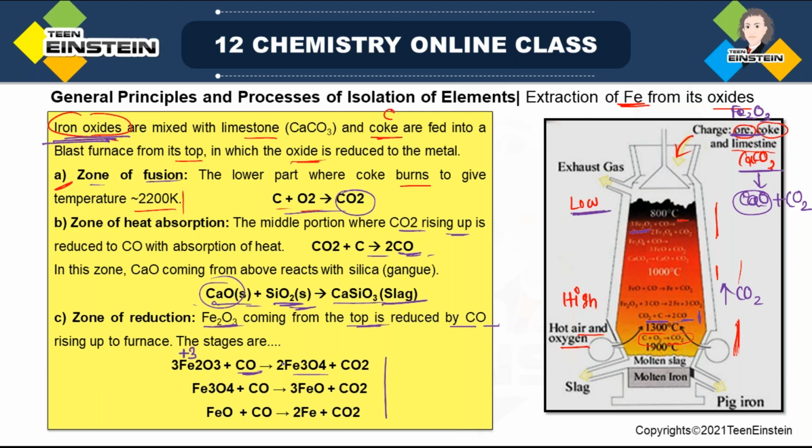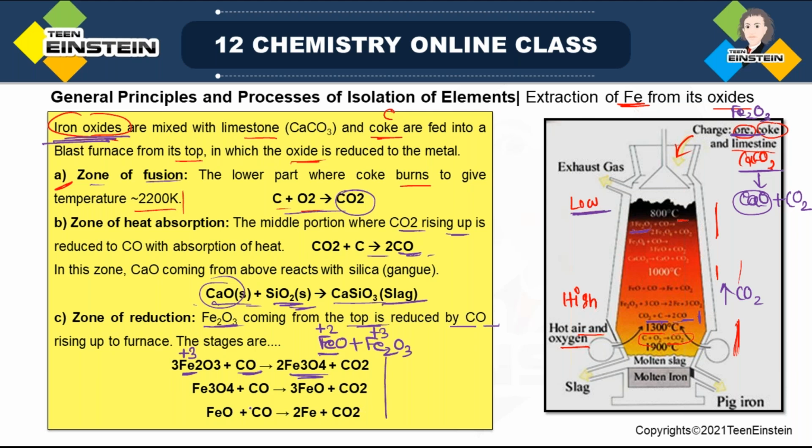Fe3O4 is a mixed oxide, a combination of FeO and Fe2O3. Just add these two and you get Fe3O4. Here the oxidation state is +2, here it is +3. That means some Fe3+ is already reduced to Fe2+, but it is not complete reduction, only partial reduction.